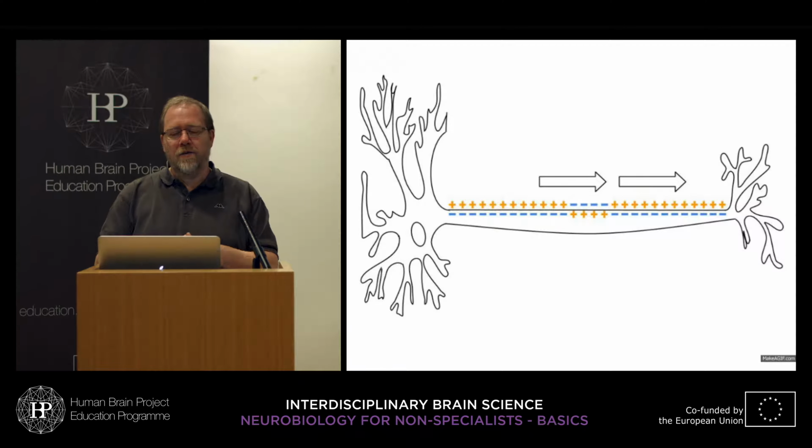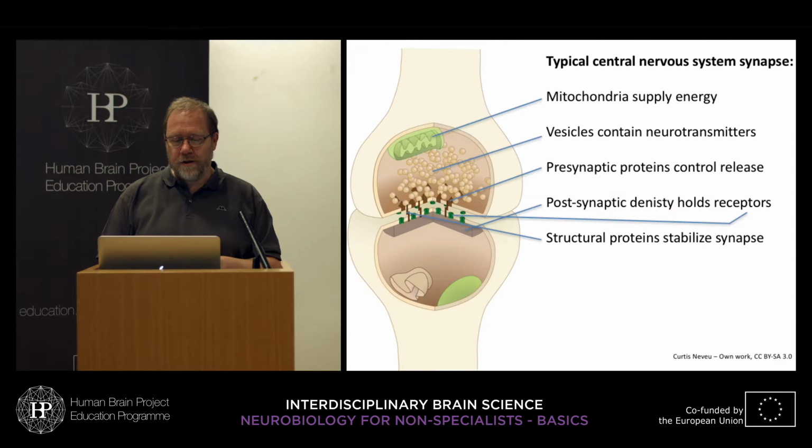Once the signal reaches the nerve terminal, it finds a structure which is called a synapse. In this synapse, we have a typical structure, so it's basically mostly enlarged to get more surface on the interface of two cells. So there's the presynaptic and the postsynaptic part.